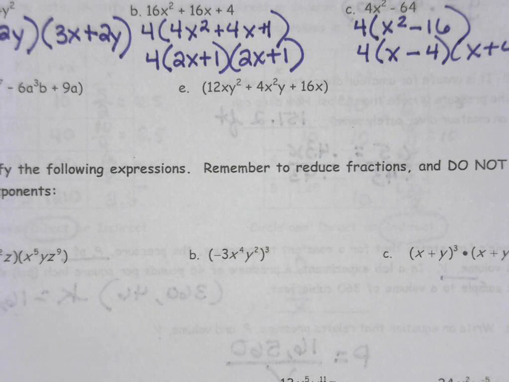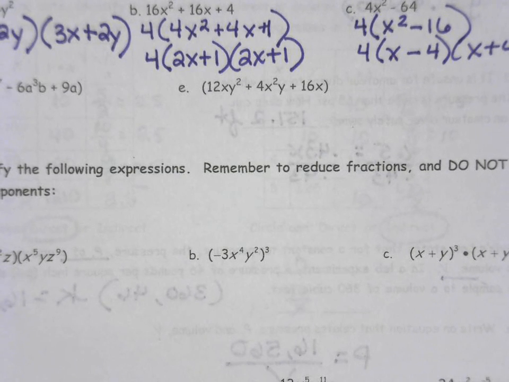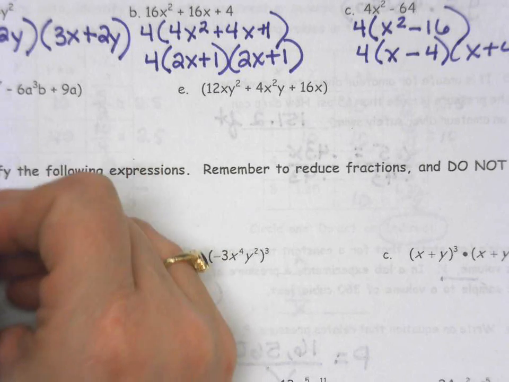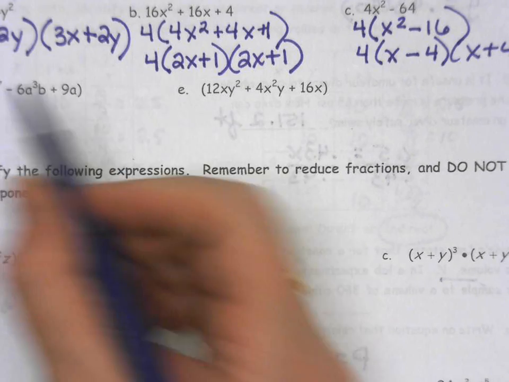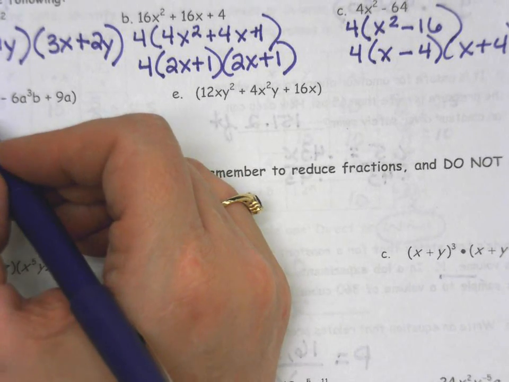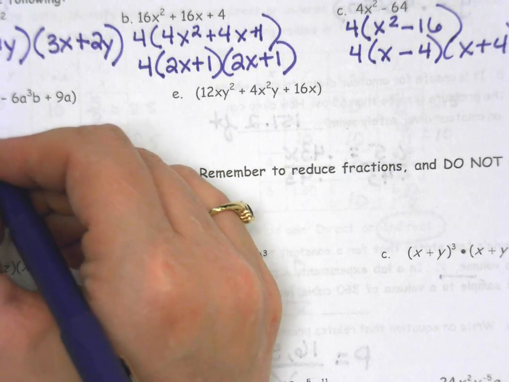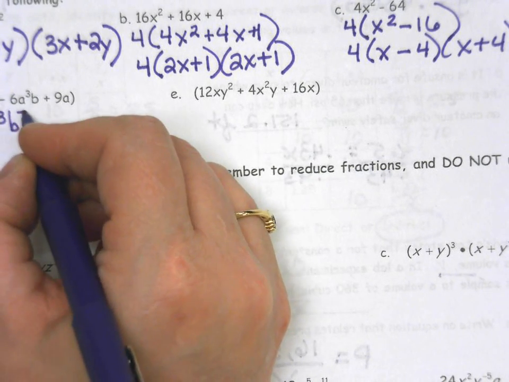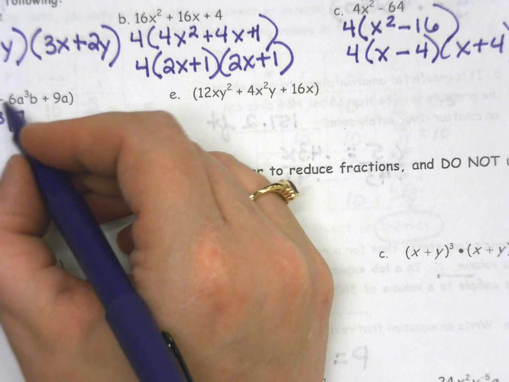Okay, the next one here, I would look to see if I have a greatest common factor. And I see that 3 goes in each of the coefficients, and they all share at least one variable a. So I'm going to pull that out, so I know it's going to be 3a times. And so 9 divided by 3 is 3. If I take 1a away, that leaves me with 3, and I still have 7 b's.